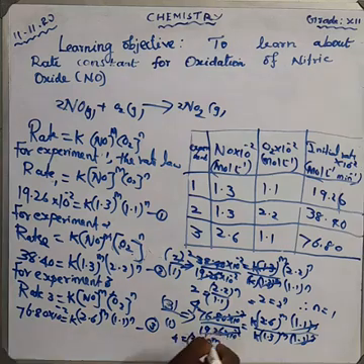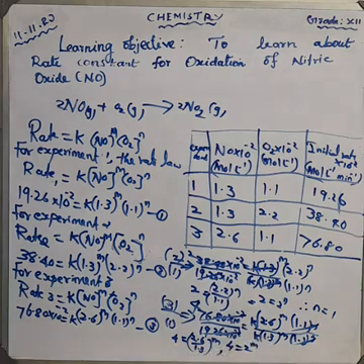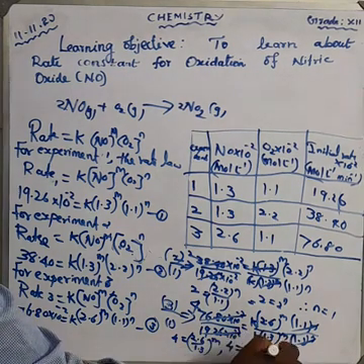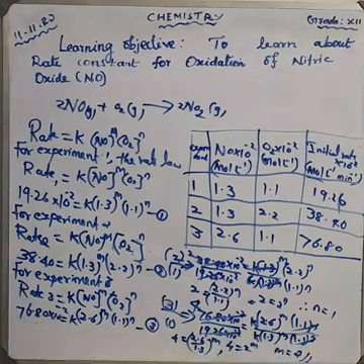Therefore this can be written as approximately equal to 2, so 4 is equal to 2 to the power m. Here we can say the value of m is 2. So m is 2 means it is second order with respect to NO.